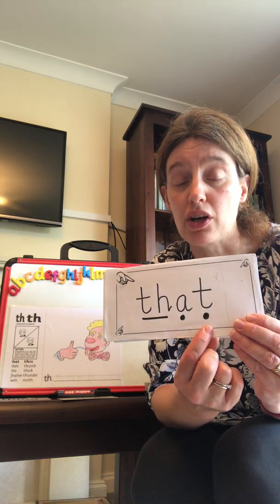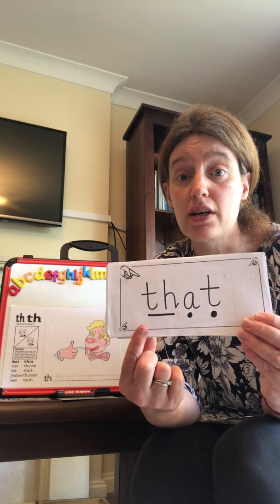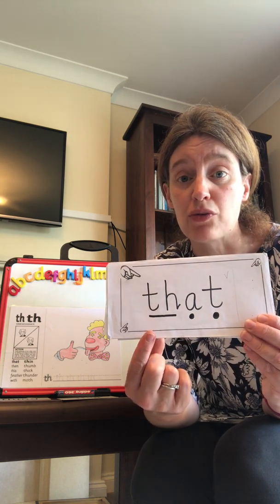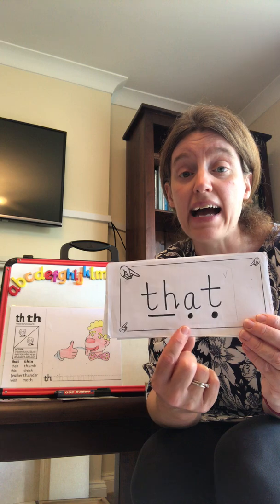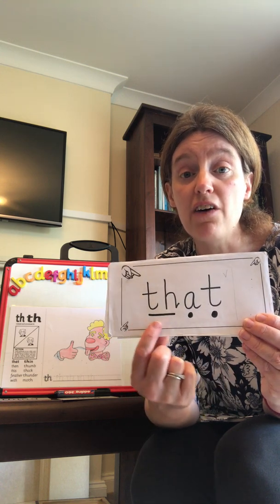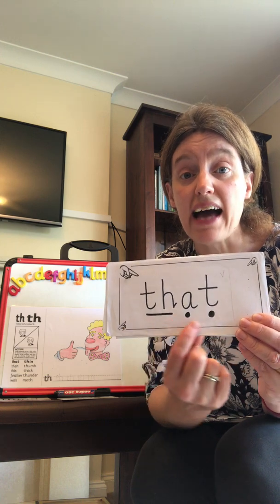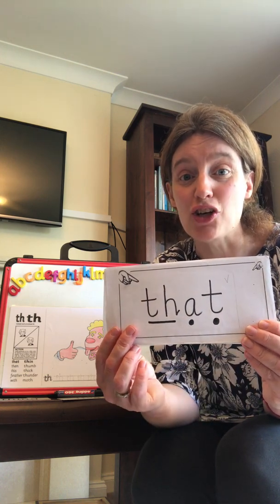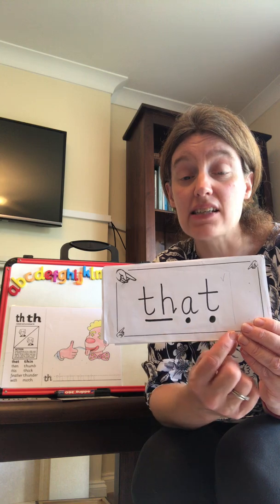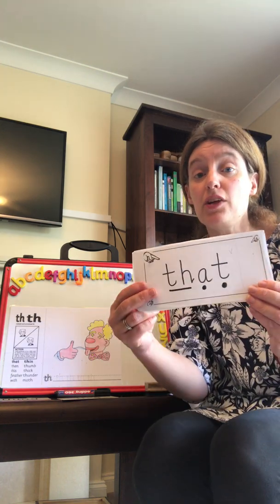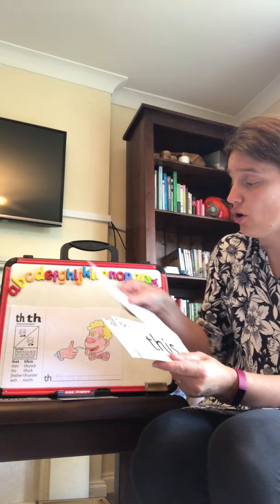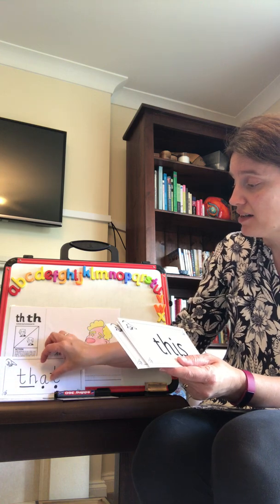A sound button to help us blend the word. Let's have a go blending the sounds. Th, at, th, at, that, that. That is it. You got it. That, that. So I'm going to put that on the board here so we can see it.